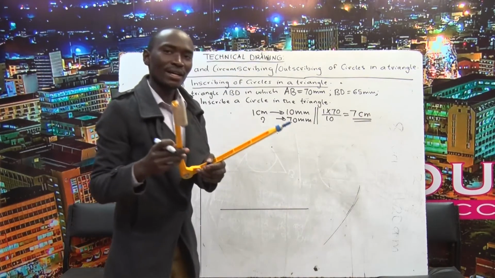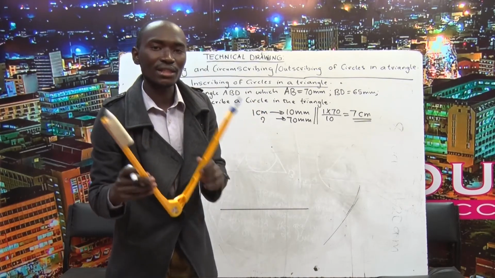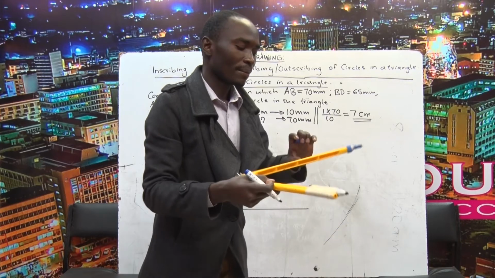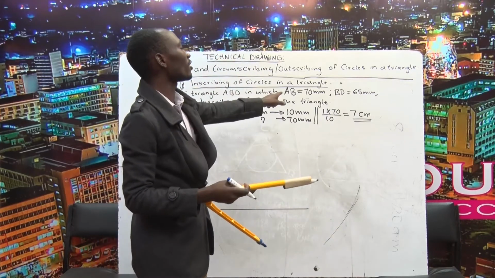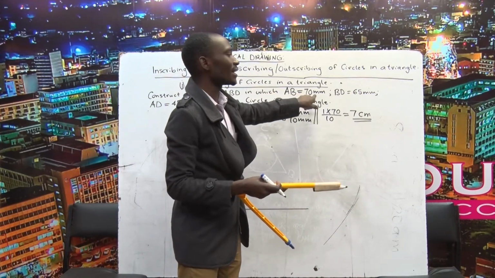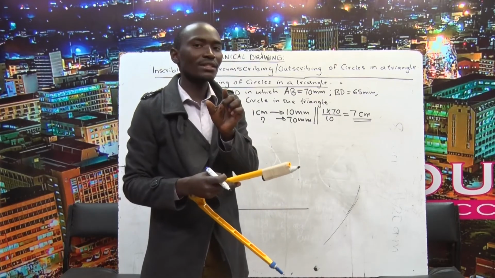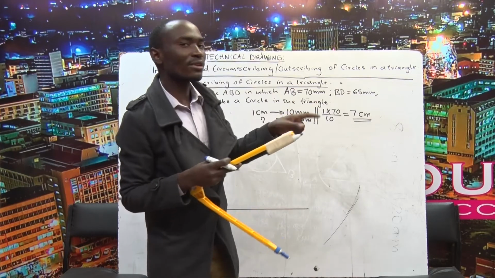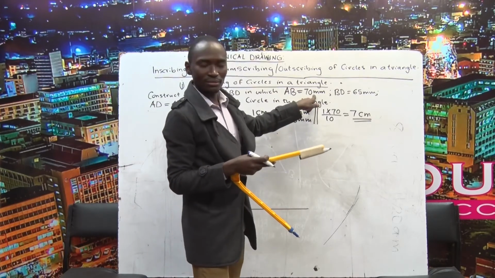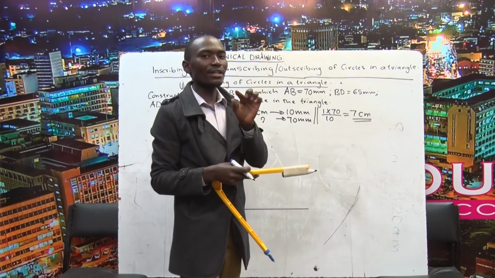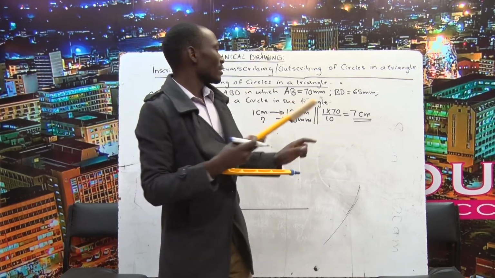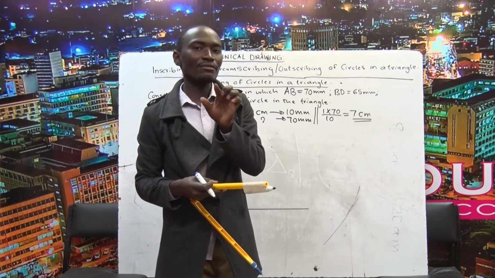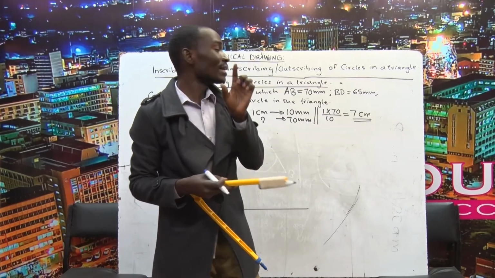So you measure 7 centimeters from your ruler, because AB is 70 millimeters and your ruler is calibrated in centimeters.